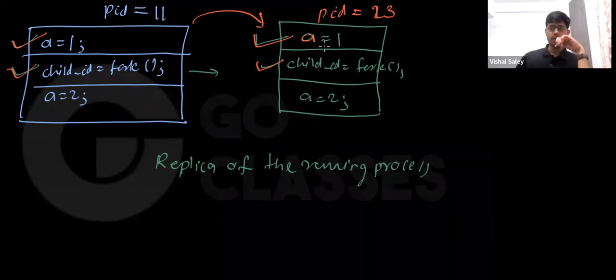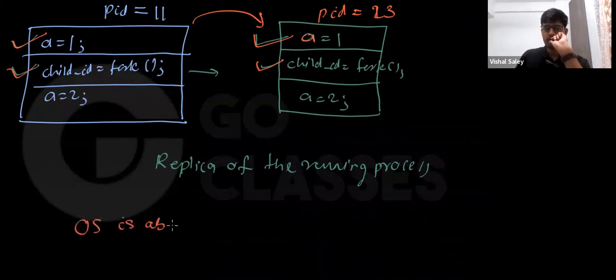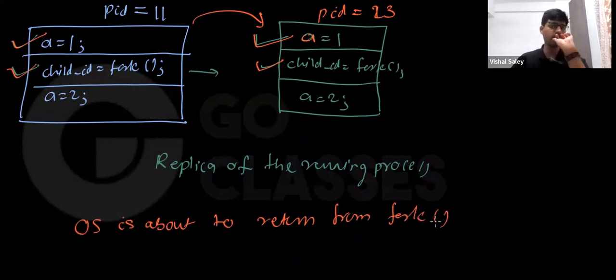Okay, great. Will the second child process again initiate fork? No. Why would it initiate again? This process is already in between the fork system call. So what you can assume is basically this, which might be easier to understand. The operating system creates a replica and is about to return from fork.